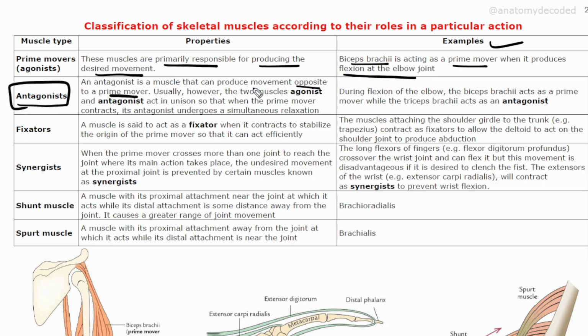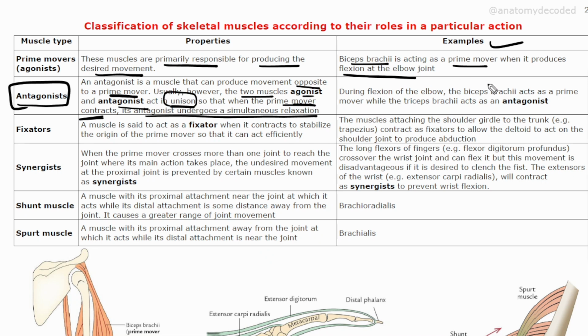The two muscles, agonist and antagonist, act in unison, so that when the prime mover is contracting, the antagonist undergoes a simultaneous relaxation. So for a prime mover to act, the antagonist muscle should relax. That is what is meant by working in unison.